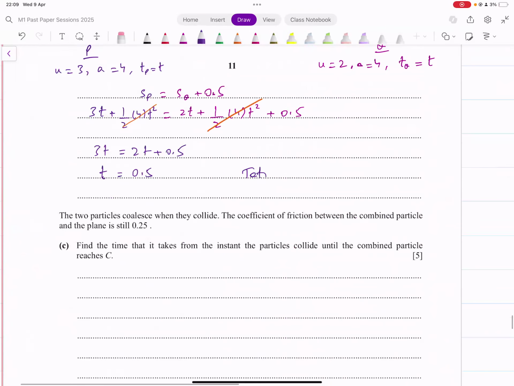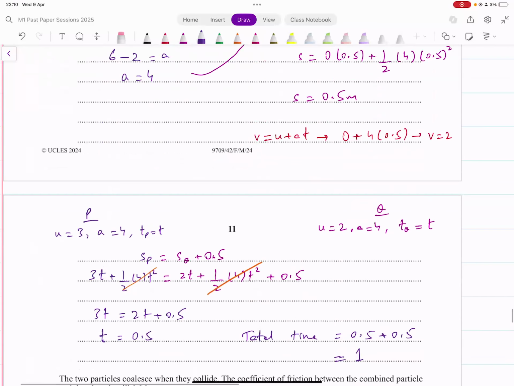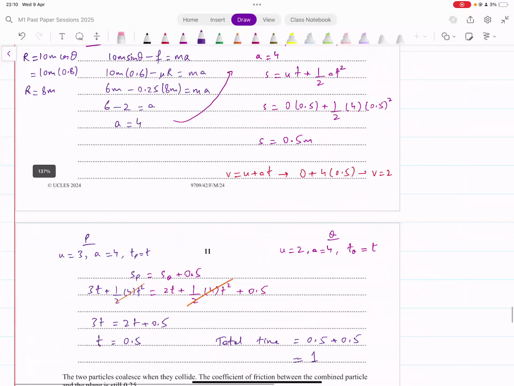It will be the sum of those two numbers, 0.5 plus 0.5, and that will be the result. That equals 1. That's the total time taken by those two particles. Is that okay? Does this make sense to everyone? Fairly complicated, but after doing so many easy questions, it's fair now.